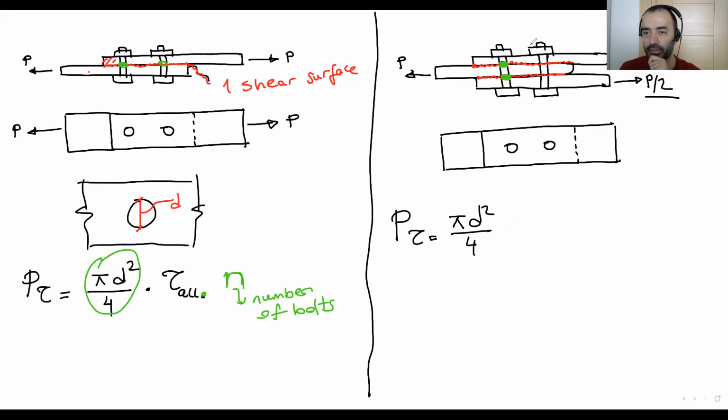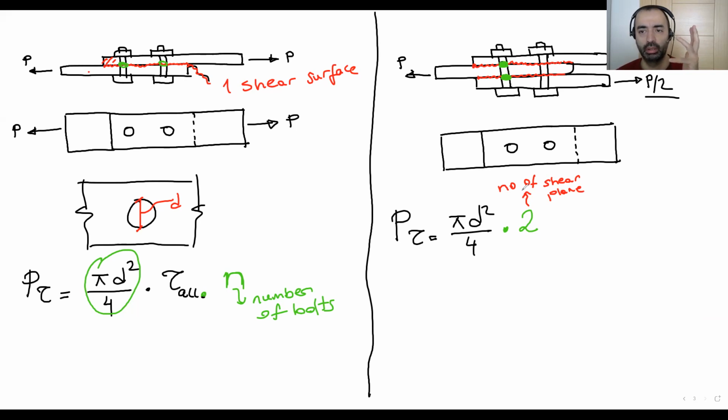So we have to take into account this number. We put it here, 2. That means 2 areas work for shear. Or we can write here the number of shear planes. I don't want to memorize this number, 2.